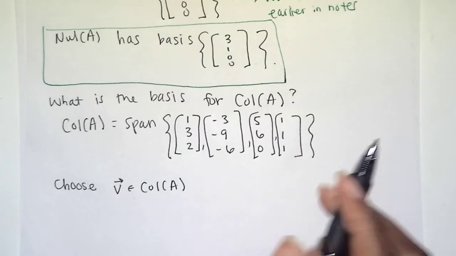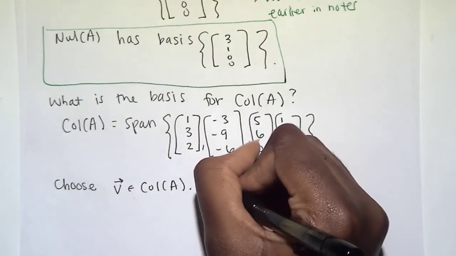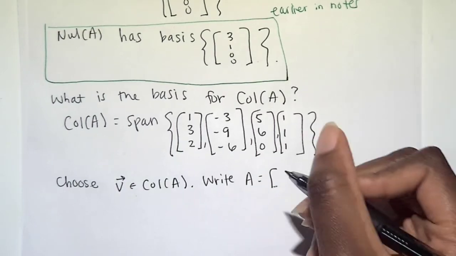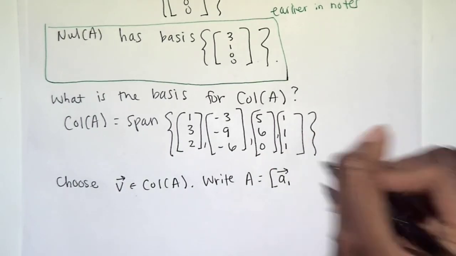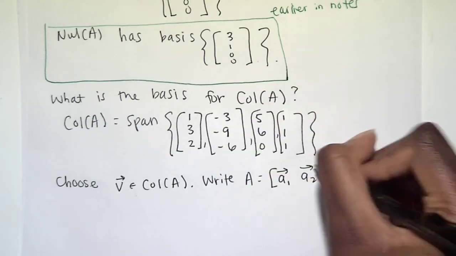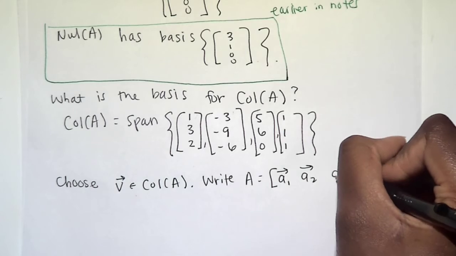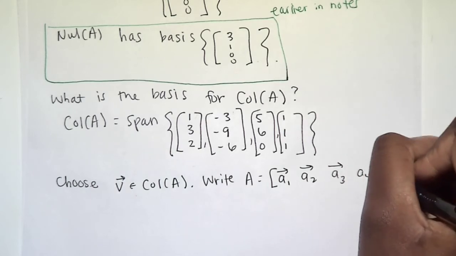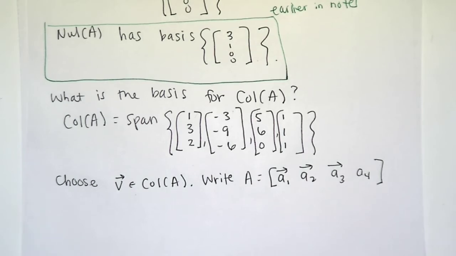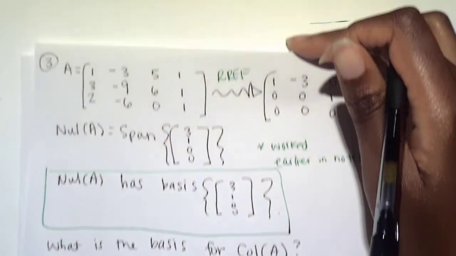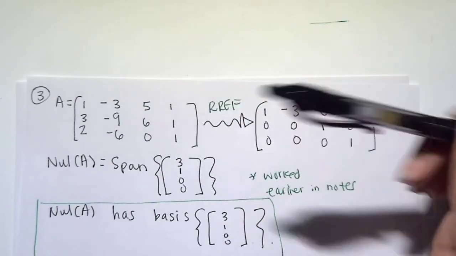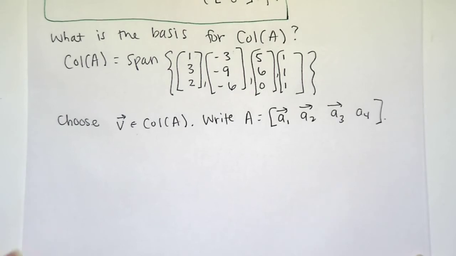So we don't have to write these over and over again, for shorthand, I want us to write our matrix A as A1, that's going to be our first vector, A2, our second vector, A3, and A4. So we're taking our original matrix and writing it in its column vector components.